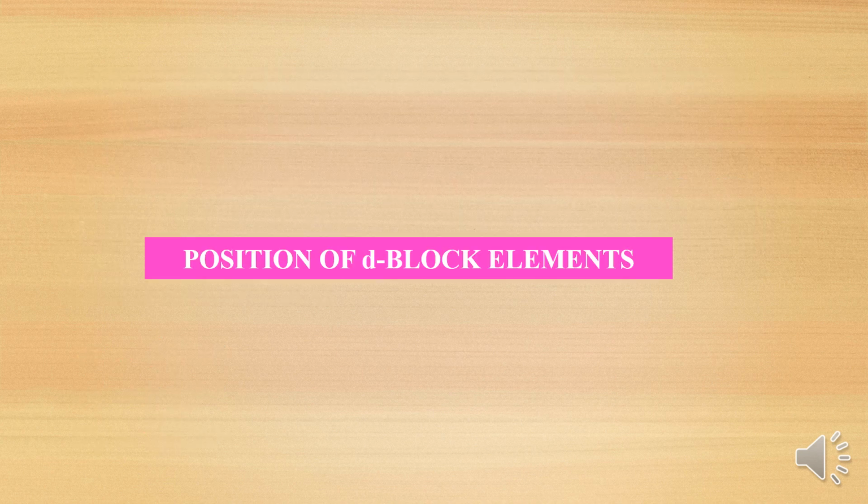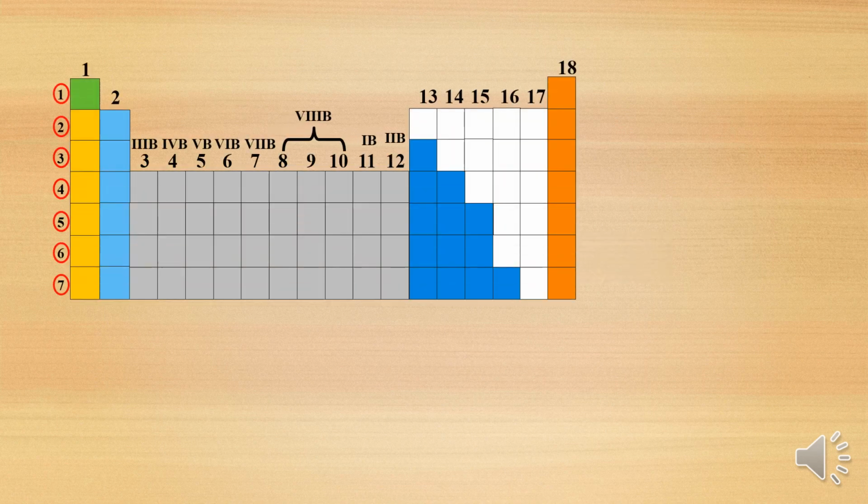Next, students, the position of d block elements. In the periodic table, there are 18 groups. Group 1 and group 2 are called alkali and alkaline earth metals, and those are called s block elements. Group 13 to group 18 are called p block elements.